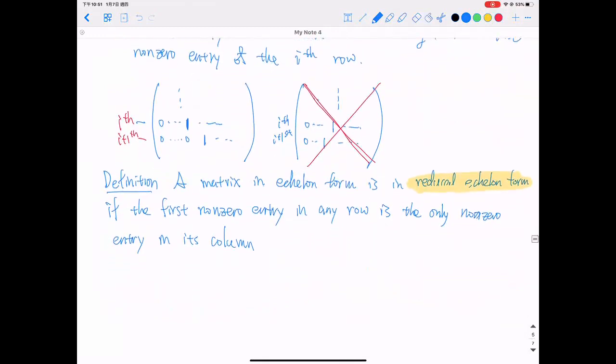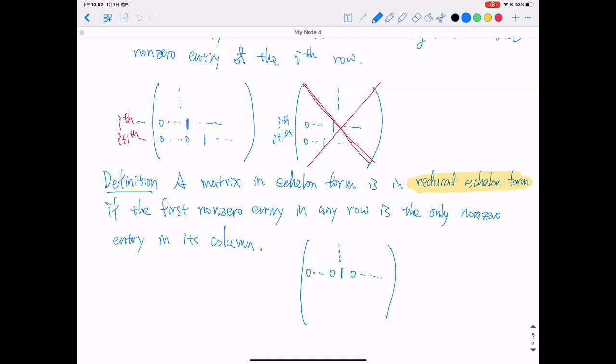So let's draw an example. Let's say you have a non-zero row, finally having a 1. And this 1 here is a non-zero entry in this row, say.